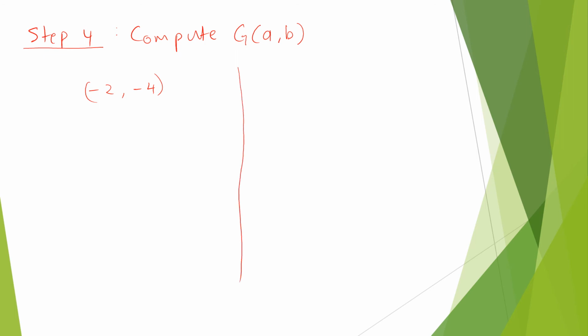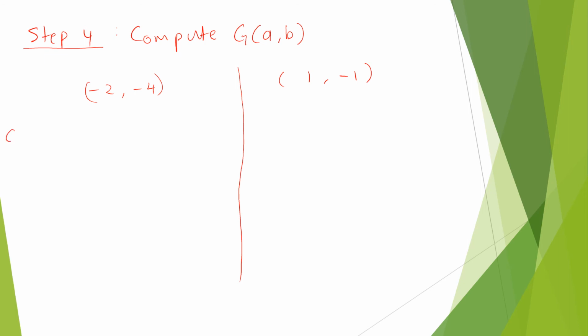Okay, we continue with step 4, which is compute G at critical points. Okay, so we have 2 points, -2, -4, and 1, -1.